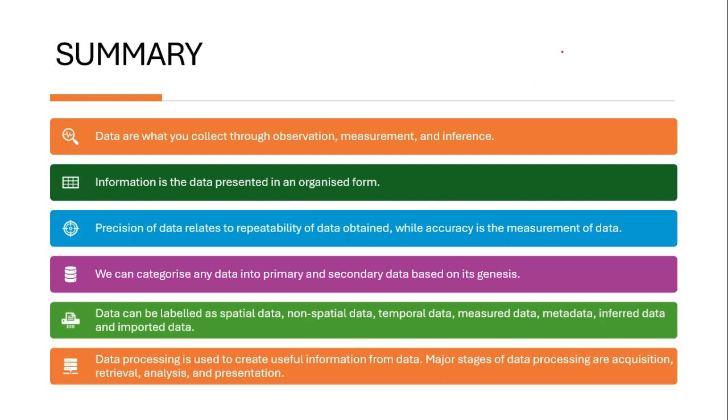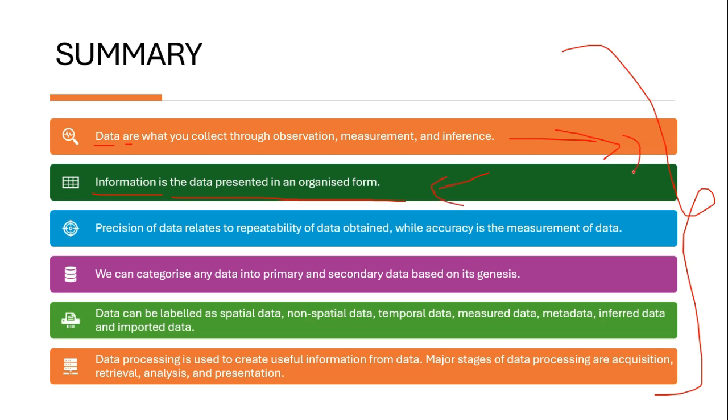Now we'll summarize what we have learned from this lecture. We've learned about data, that is what you collect through observation, measurement and inference. It is a raw, unorganized thing that is known as data. And information is data presented in an organized form.